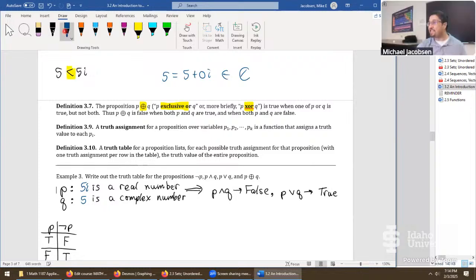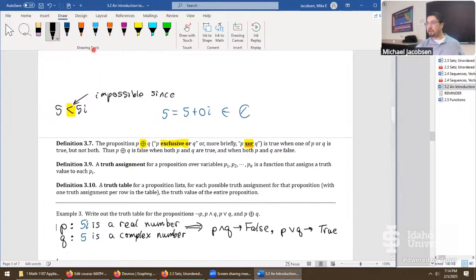This is a huge surprise. This is impossible since we're used to order occurring in places like R, where less than makes sense. But even if you go into R2, less than and greater than have no meaning whatsoever. It's really weird, and the space C of complex numbers has the same feature.